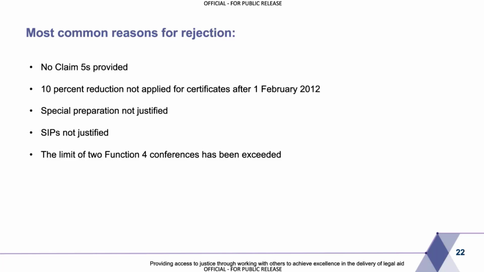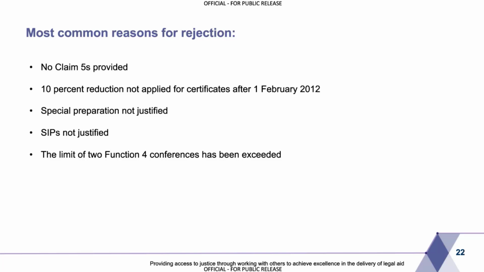You should ensure that only the time above the normal preparation is claimed as special preparation. So this doesn't get applied to all preparation. It's only that over and above the standard amount, because the function fees that are paid, such as your function 3s or your function 5s, for example, themselves do include the standard level of preparation.